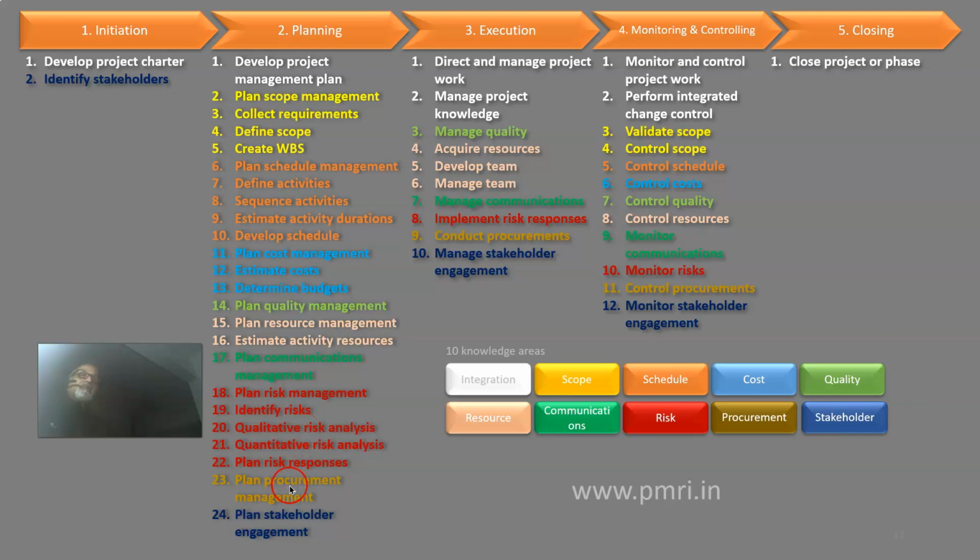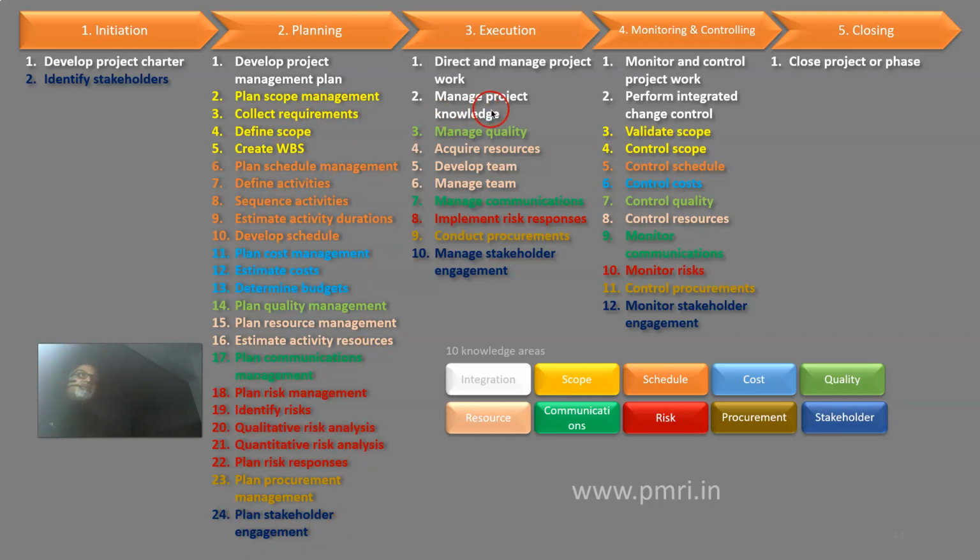Then we have to plan for the procurement management as well, and we have to plan proactively for the stakeholder engagement as well. So at this stage, under planning, the total plan for the project is ready.